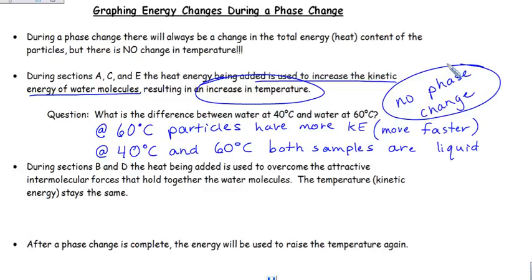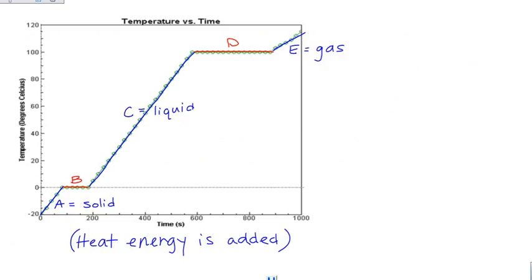But what about section B and D of the graph, where the graph went flat? I mean, you kept the sample on the hot plate, so heat was still being added, but it's being used for a different purpose. And now again, we are not total idiots. I'm familiar with 0 degrees Celsius in reference to water.